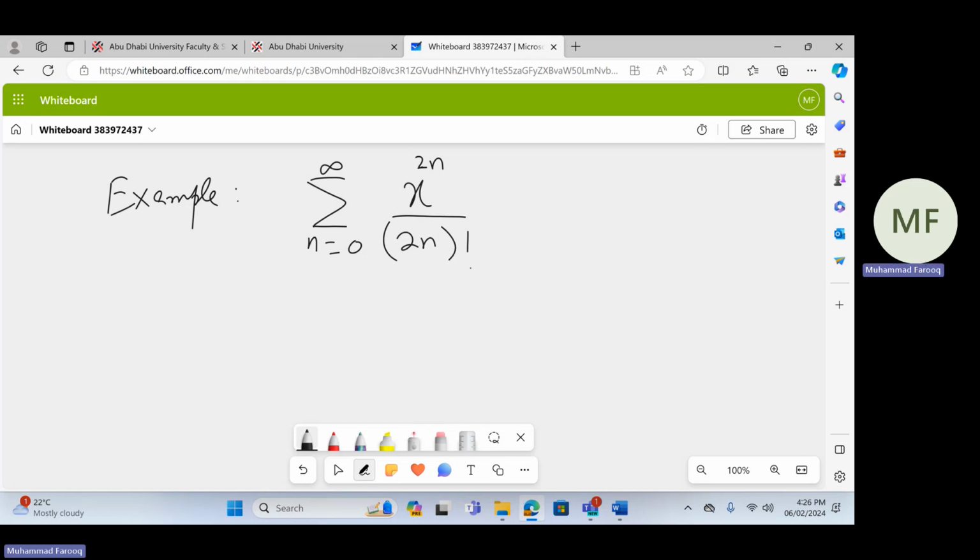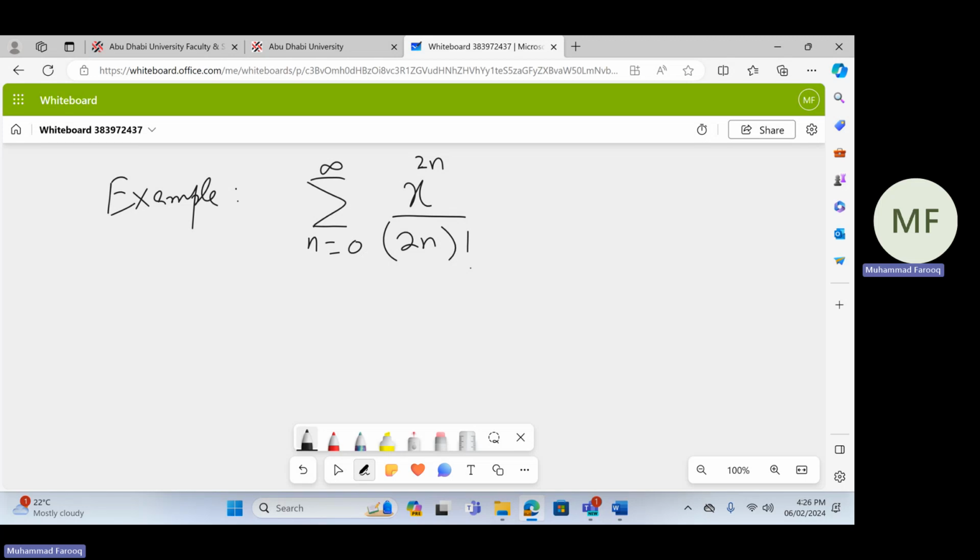So if you're applying the ratio test here, you need the n plus 1 term, okay? So with the n plus 1 term, we divide, and the quotient will flip. Yes, please, what answer?